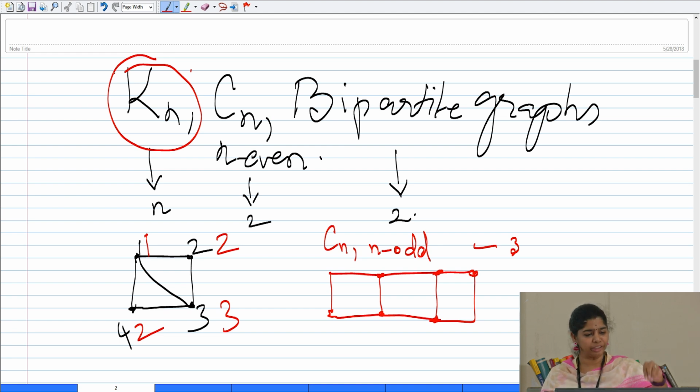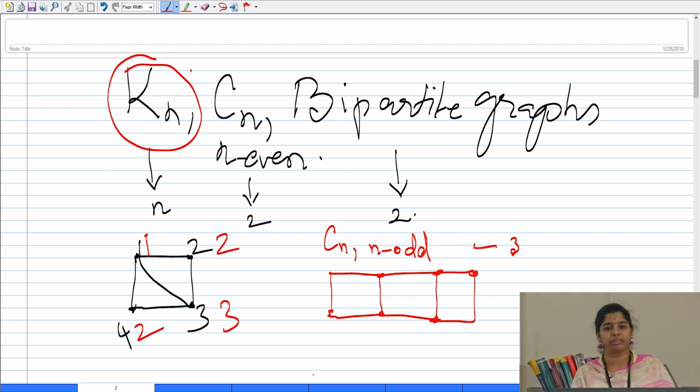So in each of these classes, what we are trying to see is a maximal subgraph which is a complete graph, a subgraph which is complete in itself, that is, its induced subgraph is complete.